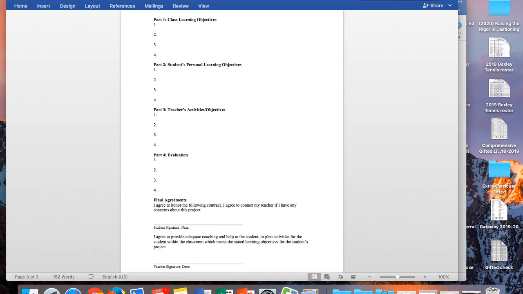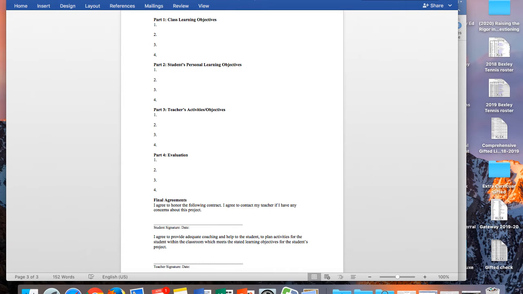So another example of a contract is the one that you see here, where it's breaking it down even further. So I'm breaking the project down into 4 parts. Part 1 is, what are the overall class learning objectives? So that may be given to the student or the class as this is what we want to learn as a class. But the student may have their own learning objectives, so they're going to list those in part 2.